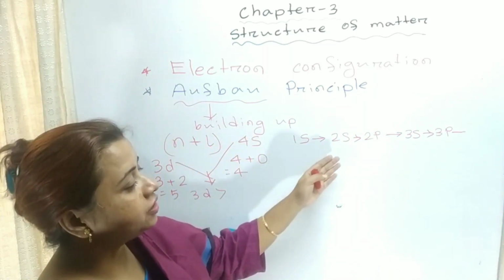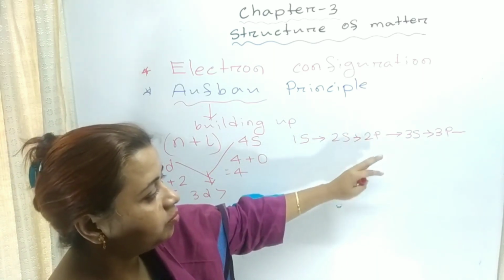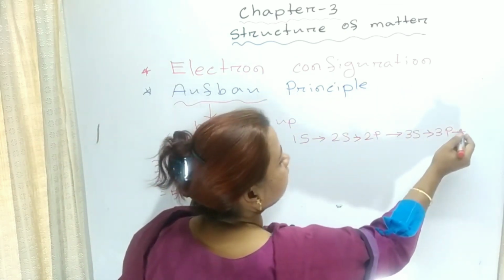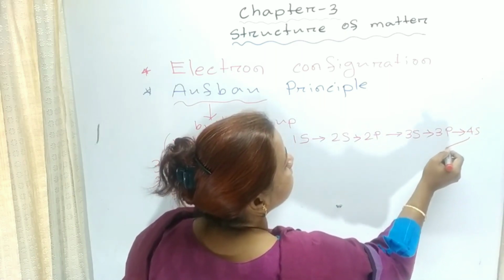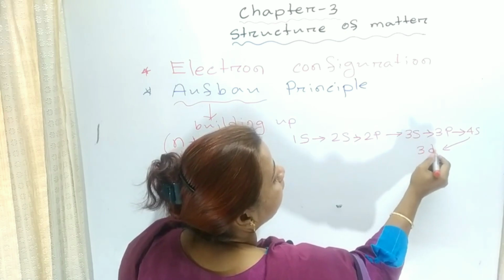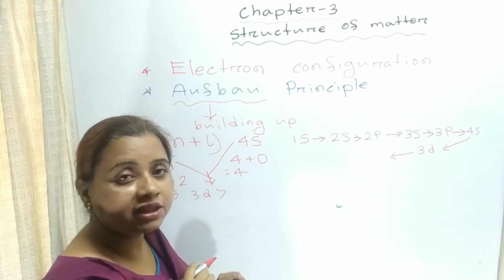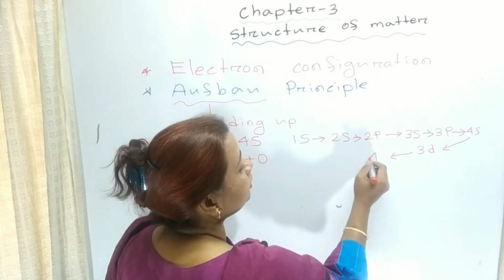The electron is supposed to enter 3d, because 3d is the orbital of the third energy level, but instead of 3d, after 3p electrons will enter into 4s. After 4s it will enter into 3d. After 3d it will enter into where, can you say?